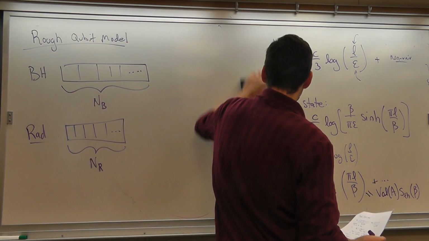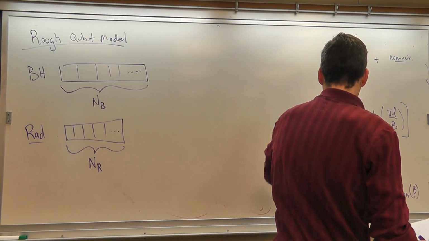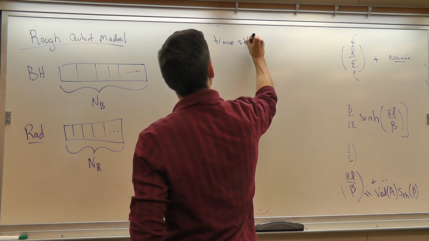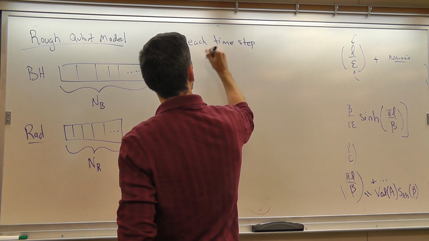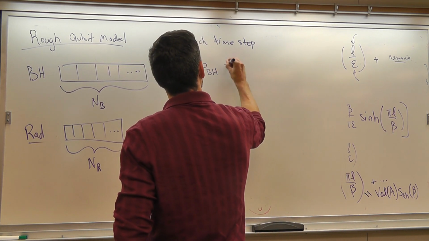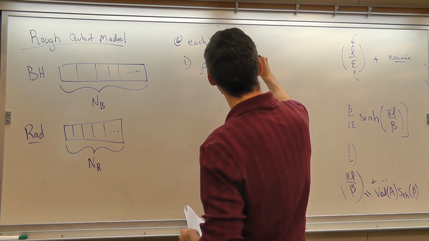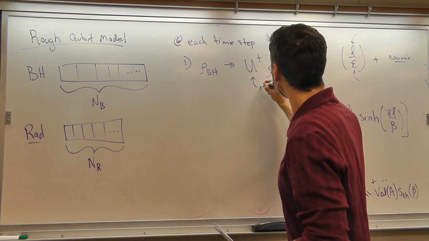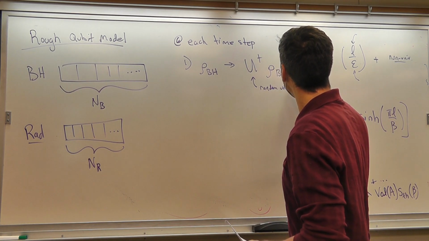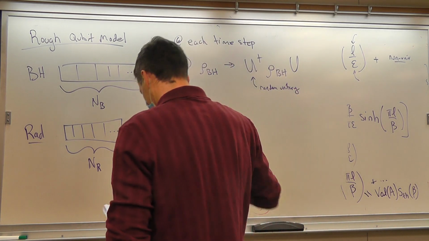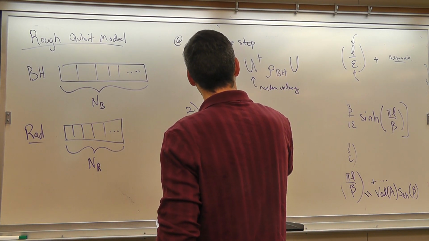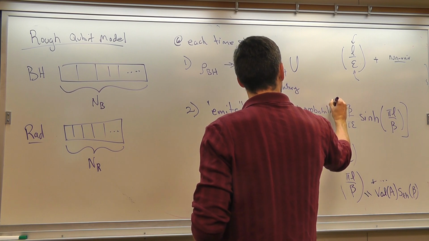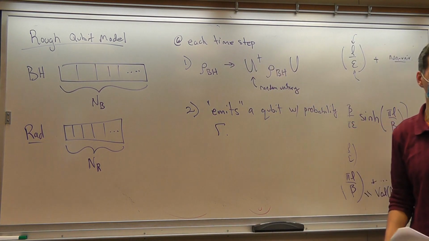And then the dynamics are that at each time step, the black hole evolves by some complicated unknown physics, which we could think of as a random unitary, and emits a qubit with probability gamma, which you should think of as the rate for Hawking radiation.